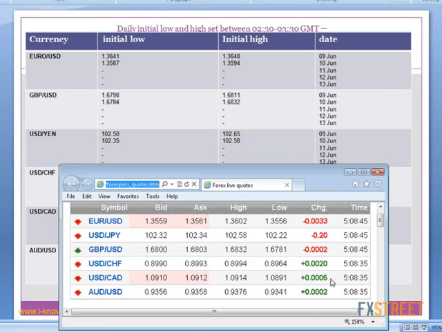Similarly, you come across here in the case of USD CAD a positive net change of 5 pips and also Australian dollar a positive net change of 2 pips. So Australian dollar is showing the USD weakening move and USD CAD is showing the USD gaining move, and this is referred to as a contrarian move. When they make such a contrarian move, we understand that they are handling the process.